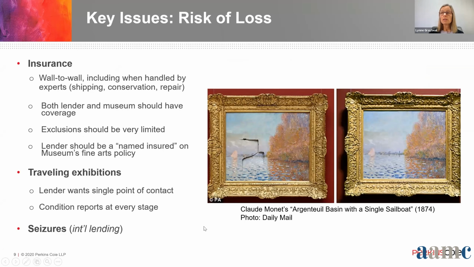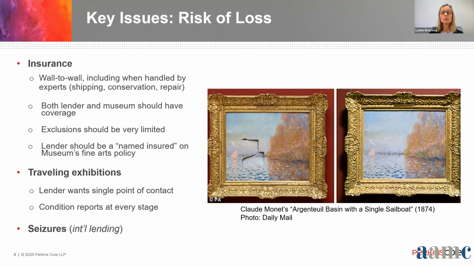Insurance is a very big topic, and we are frequently having discussions with the museum in negotiations about insurance, and there are some traps for the unwary or inexperienced in the museum form agreement that a lender may not be aware of if they haven't had significant experience lending.